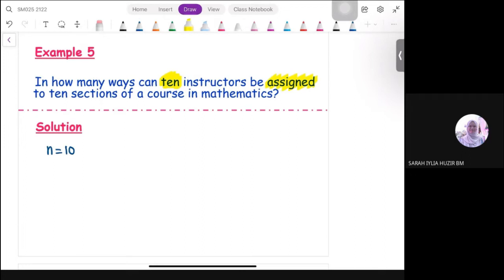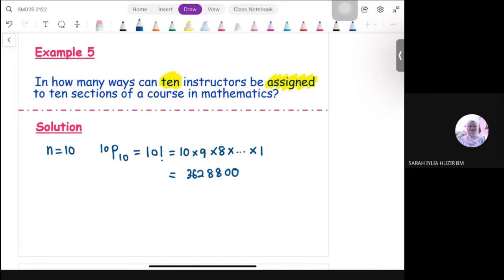Since n is 10, our calculation should be 10P10, or can be simplified as 10 factorial. Or if you want to use the multiplication technique, it's a little bit long. It's 10 times 9 times 8, and the list goes on up to 1. So simplify this, our answer would be 3628800. Please compute together with me.